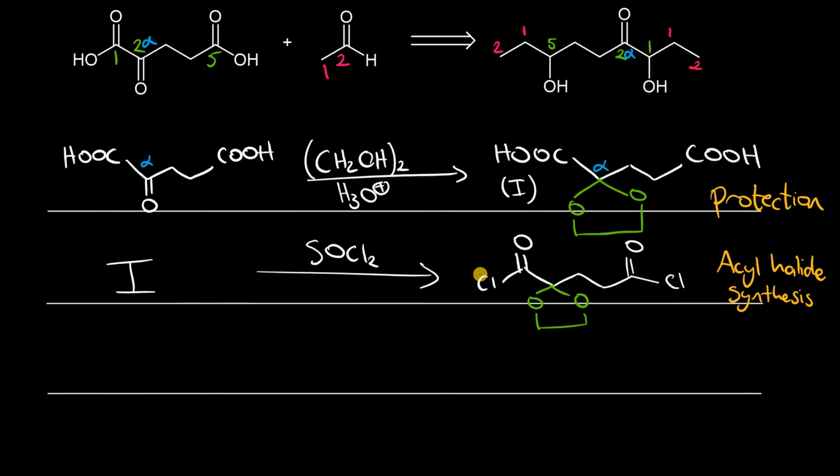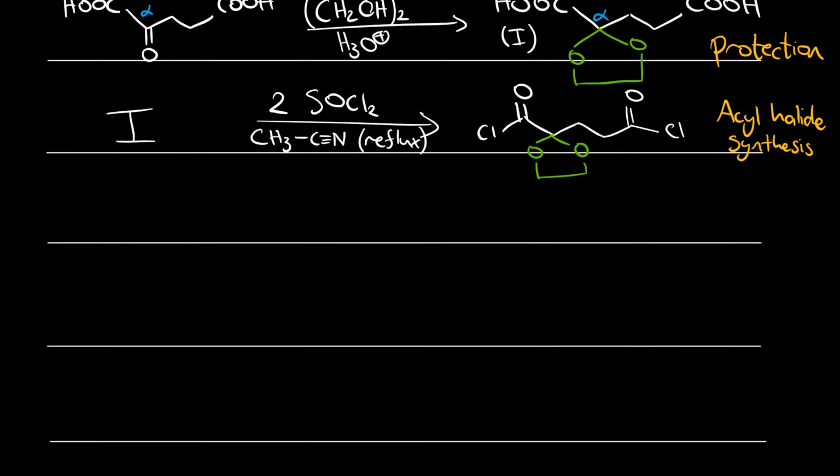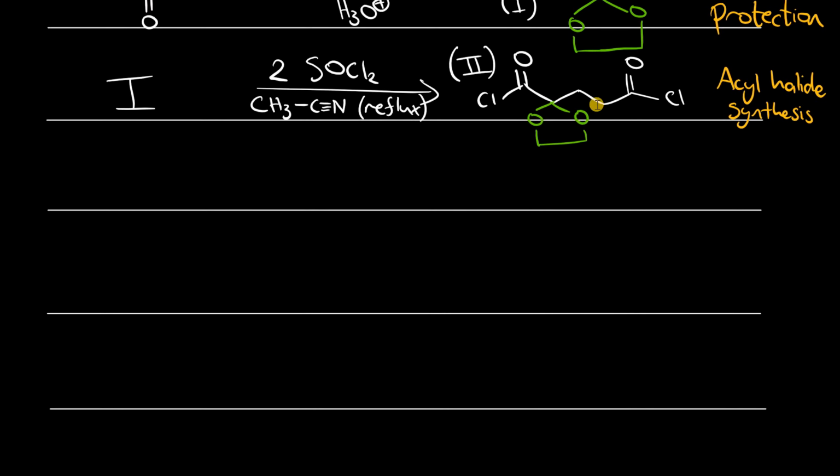The common solvent with thionyl chloride is acetonitrile, and more importantly, it's refluxed, basically boiling. Now to make sure both carboxylic acid groups are converted, we should add 2 moles, or just excess, thionyl chloride. So we form this compound, our acyl chloride. As far as modifying alpha-KG, we're done. This is ready for nucleophilic attack.